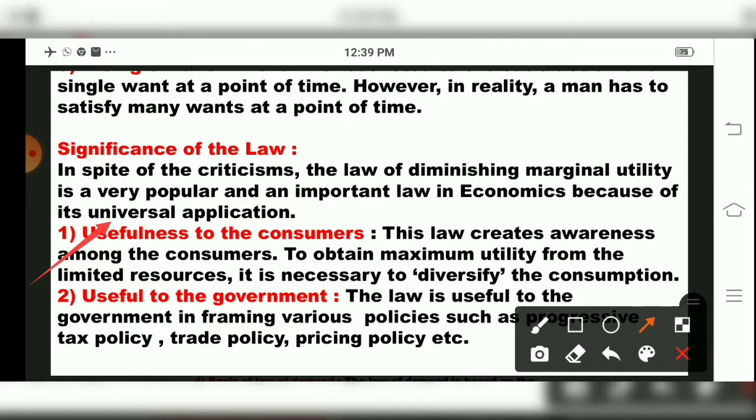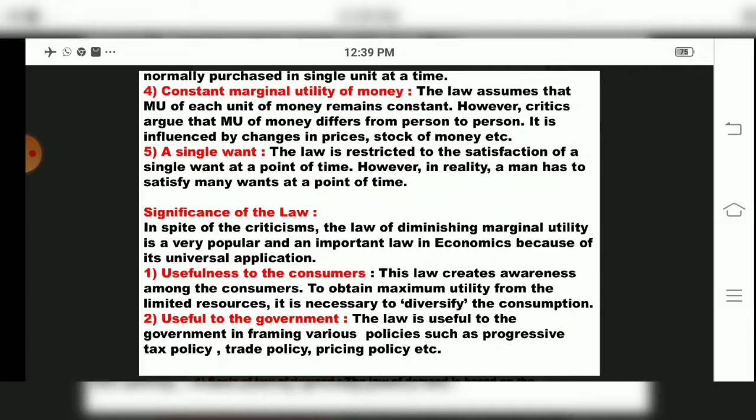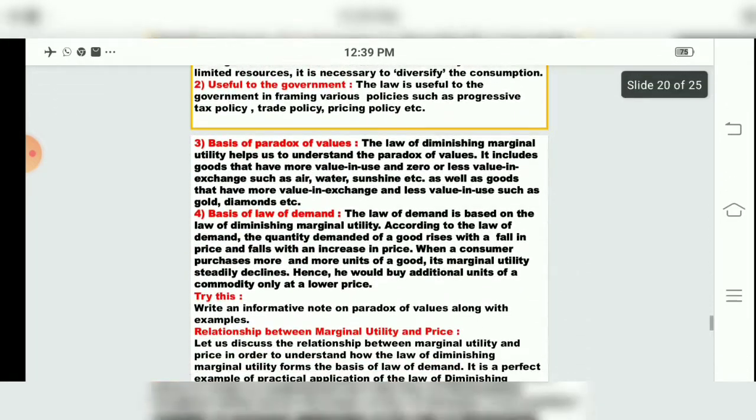Now we come to the second one, that law of DMU is also useful to the government. This law is very useful in helping the government to frame policies. So which policies? There will be tax policy, trade policy, pricing policy, etc. So this is what we have seen, the first two: this law is useful to the consumers and to the government.